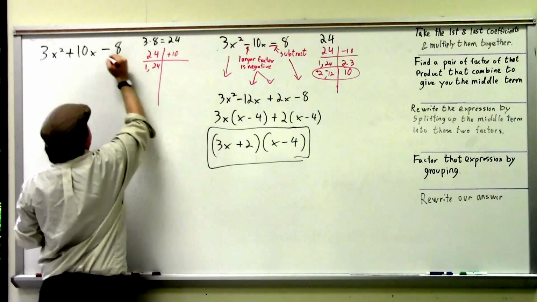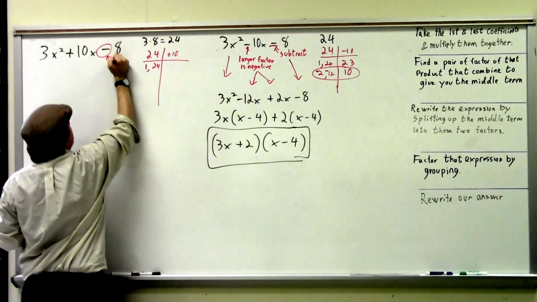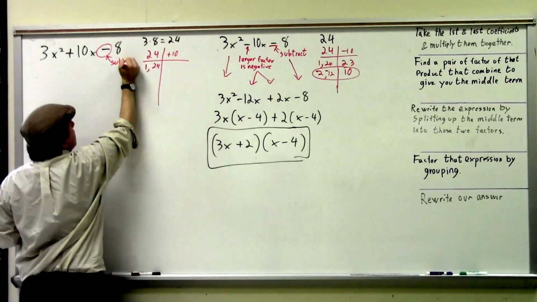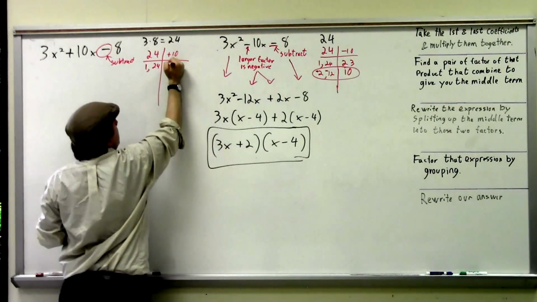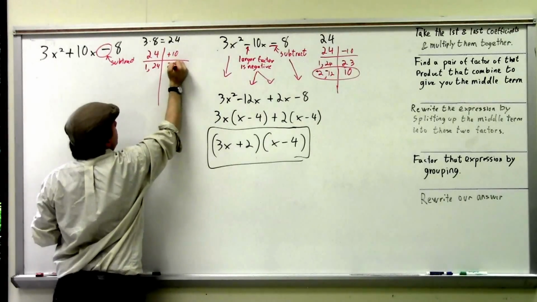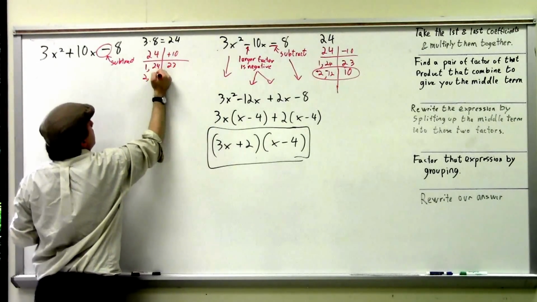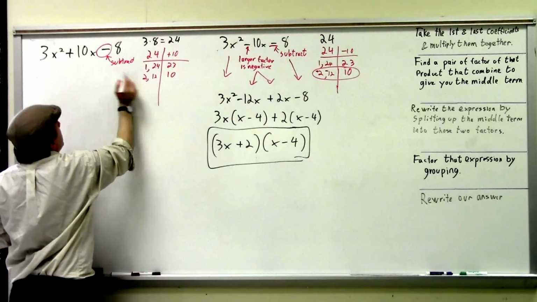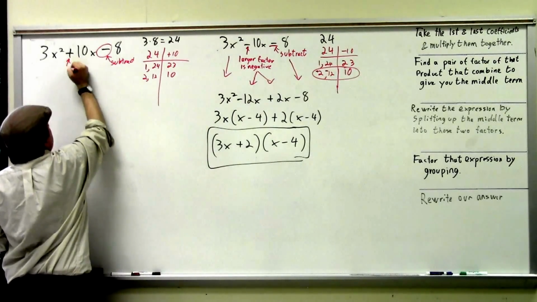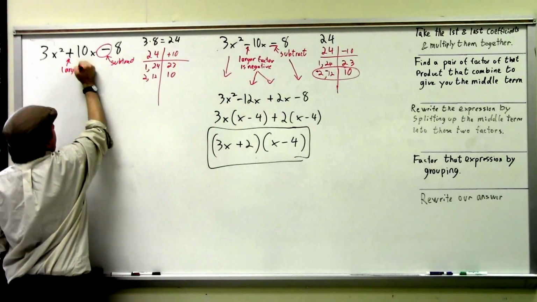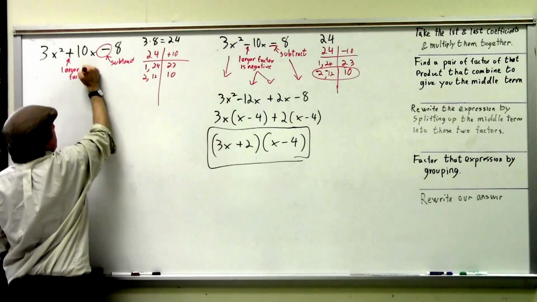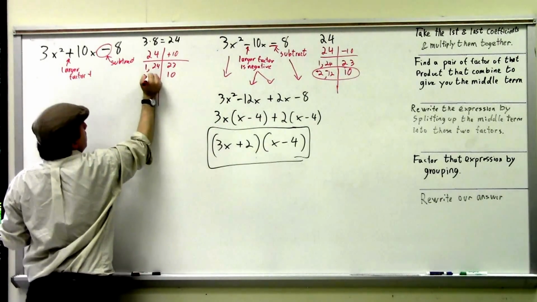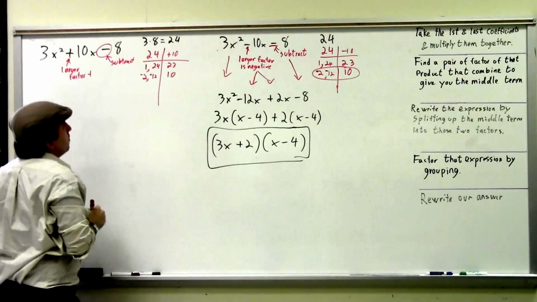But we're subtracting. Okay, so 24 minus 1 is 23. You have 2 and 12. 12 minus 2 is 10. But this time, because our larger sign is positive, our larger factor is going to be positive. So we're looking at positive 12 and negative 2.